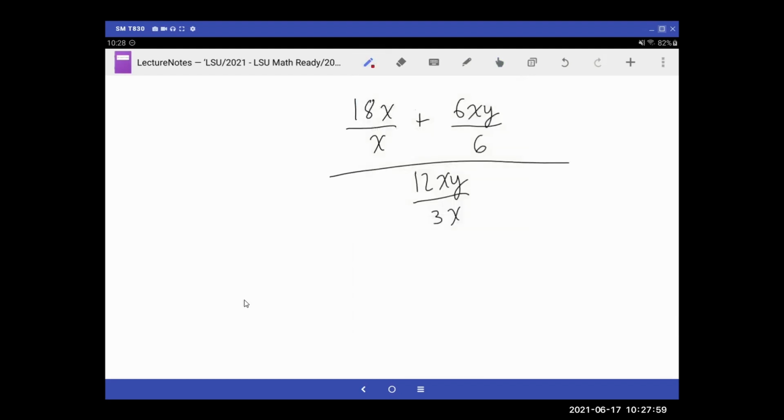So let's simplify them. X and x cancel. 6 and 6 cancel. X and x cancel here, and 12 over 3 becomes 4 over 1. So I'm left with 18 plus xy over 4y.